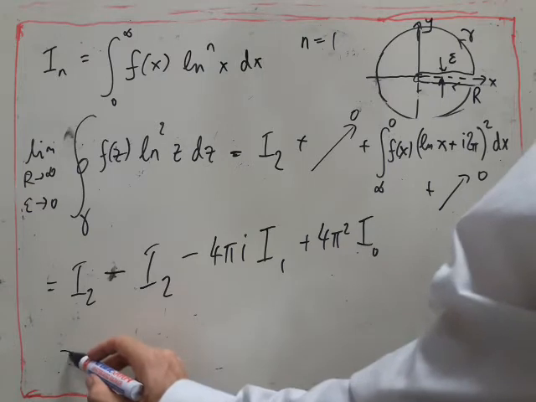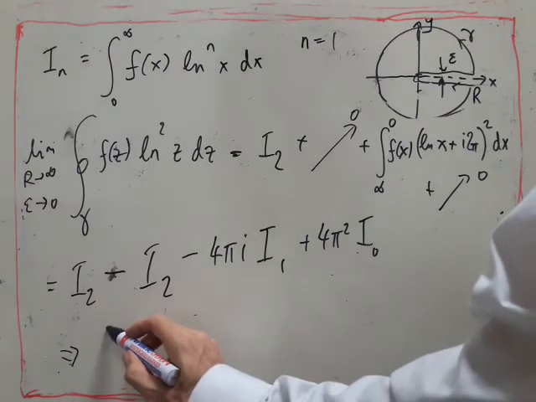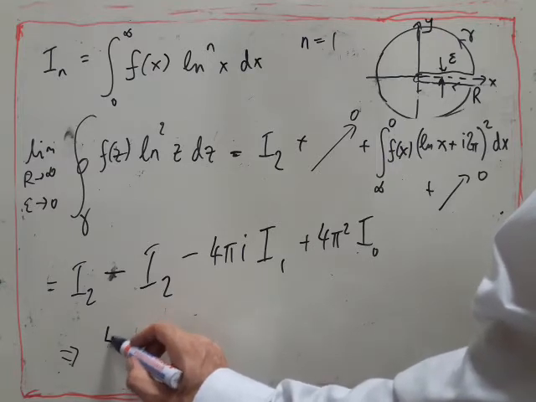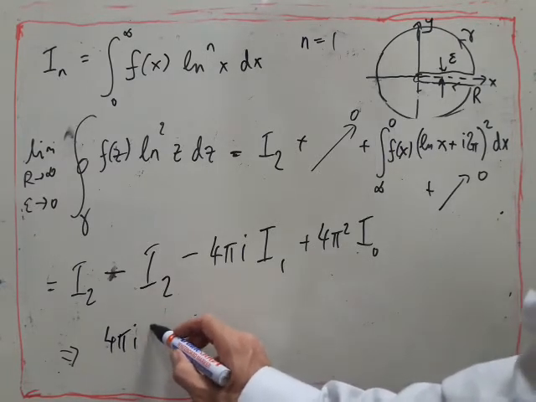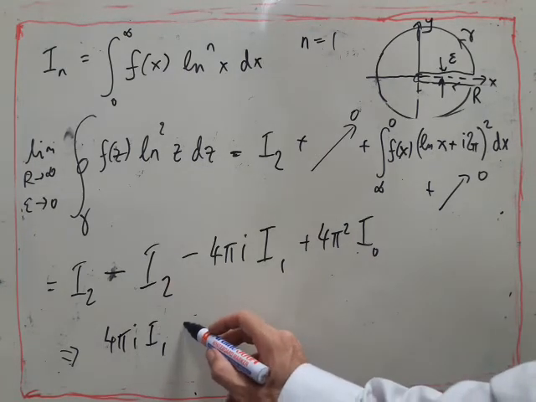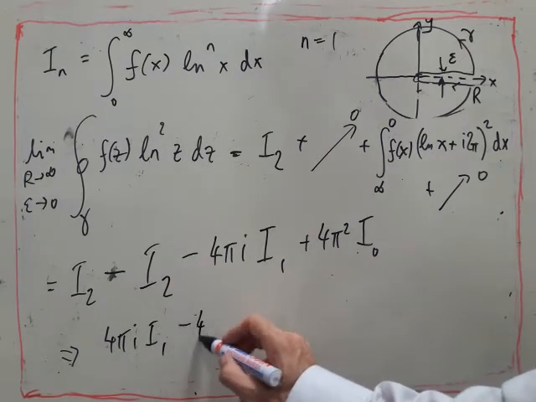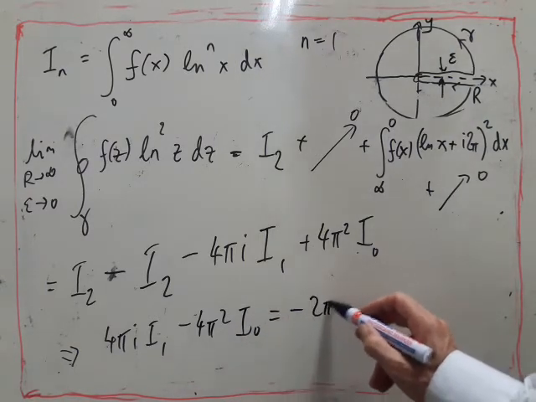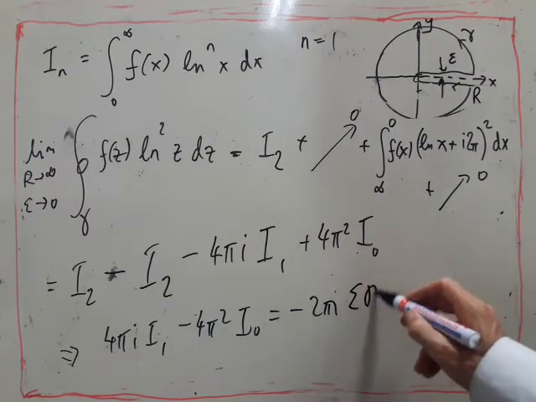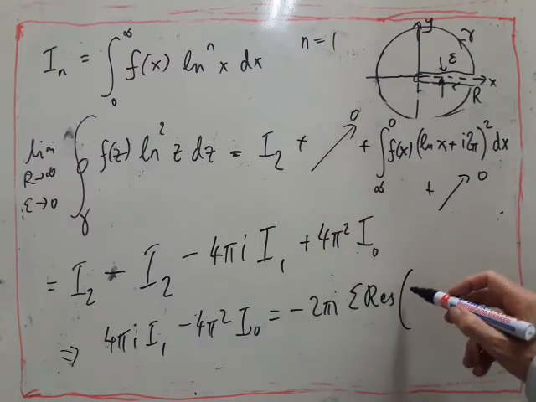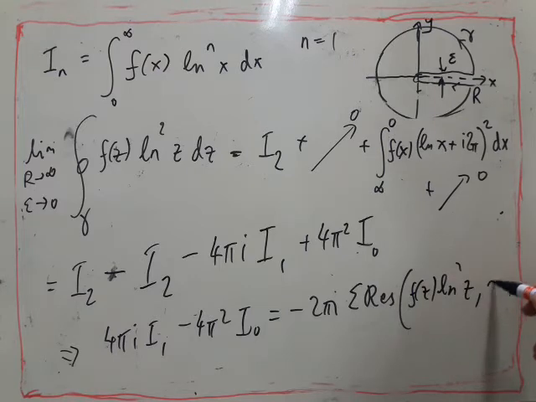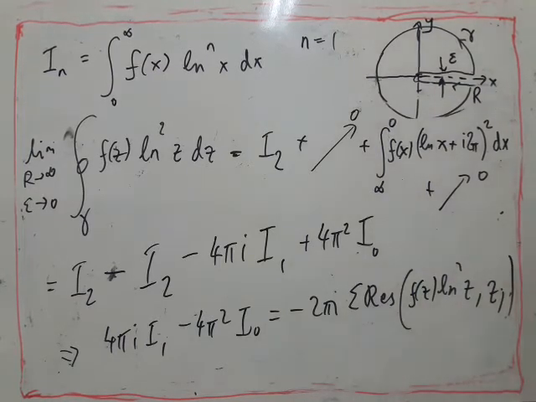So I end up with, changing the sign, minus 4 pi squared equals minus 2 pi i times the sum of the residues of f of z log squared z at the various poles.